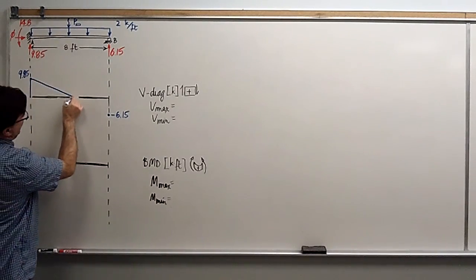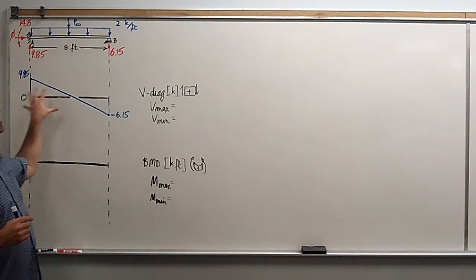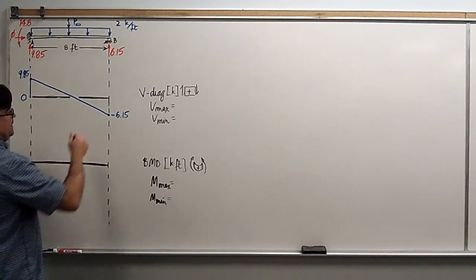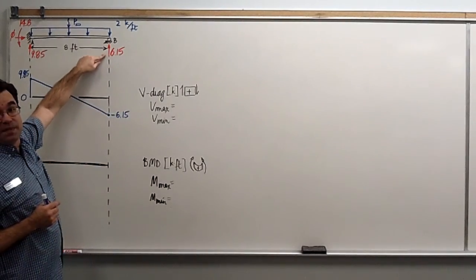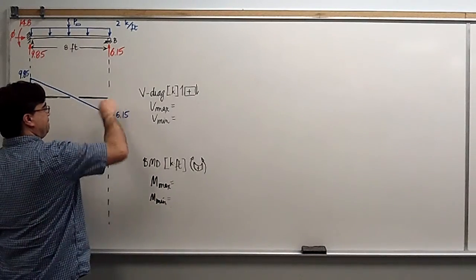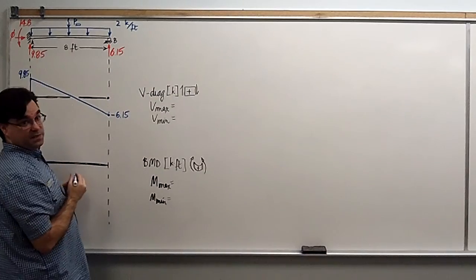Now, I'm freehanding this, but you're expected to use a straight edge to draw it. If you don't, you'll get a 0 on this. No freehand straight edges. And then, what do I have here? I have a force that goes up by 6.15, which is great because it brings me to 0.